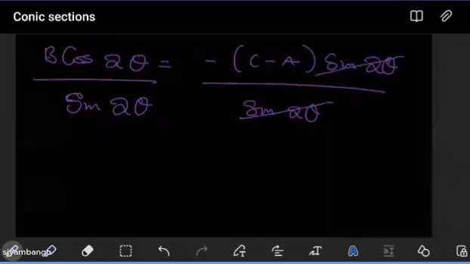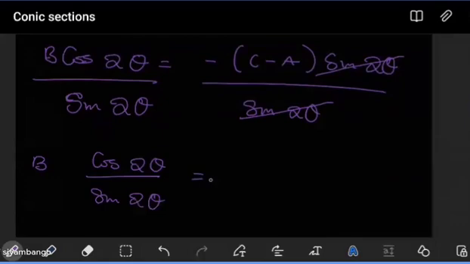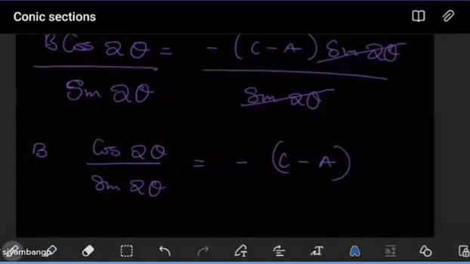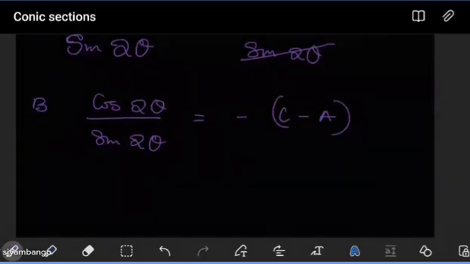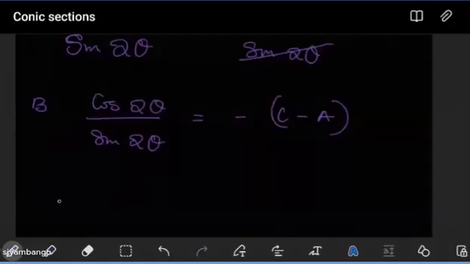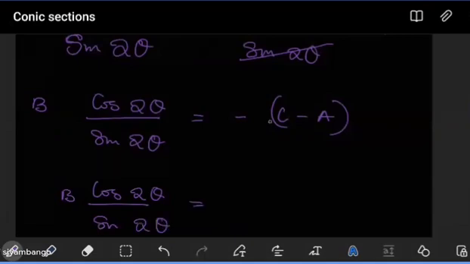Now I will have b, and this will be cos 2 theta over sine 2 theta, equal to negative c minus a. Do you see that? Yes. So now we have b cos 2 theta over sine 2 theta equal to, distributing the negative inside, negative c plus a.